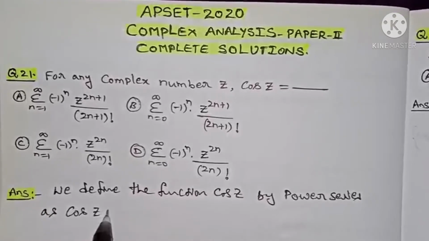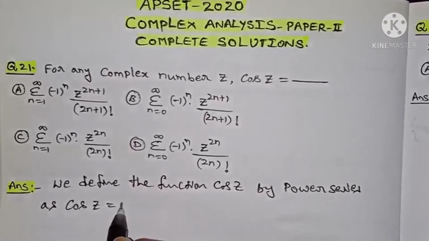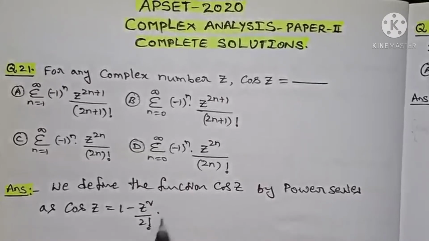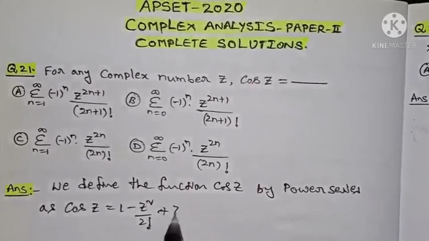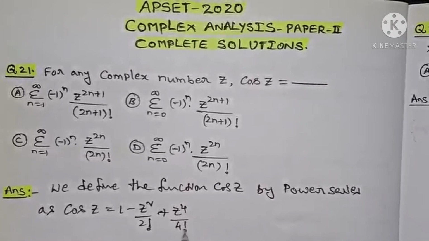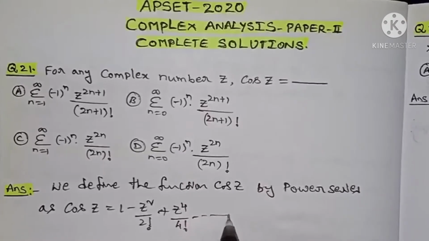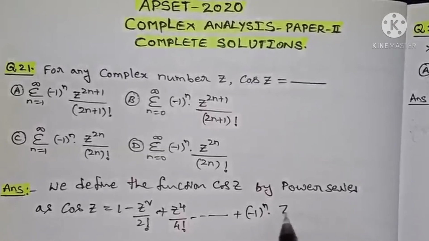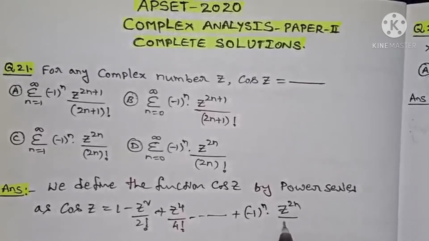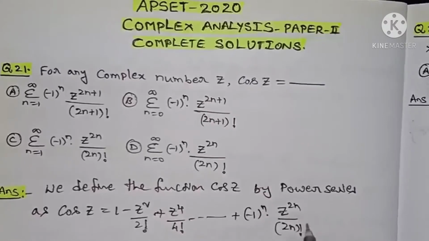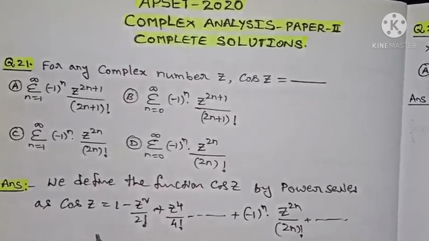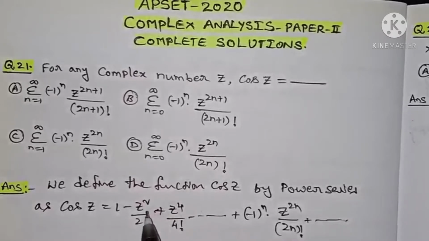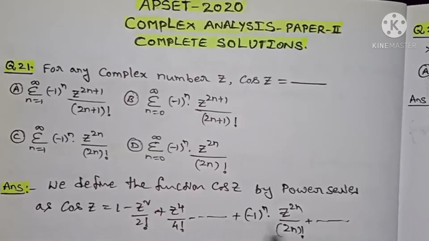cos z is equal to 1 minus z square by 2 factorial plus z to the power 4 by 4 factorial minus and so on, plus minus 1 whole power n into z to the power 2n by (2n) factorial plus and so on. That means in the cos z expansion all powers are even powers.